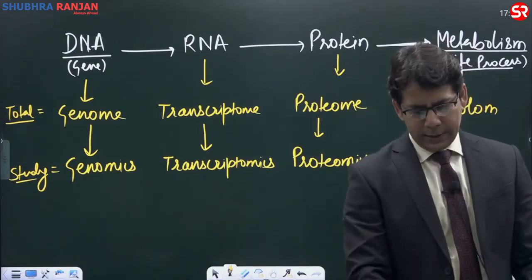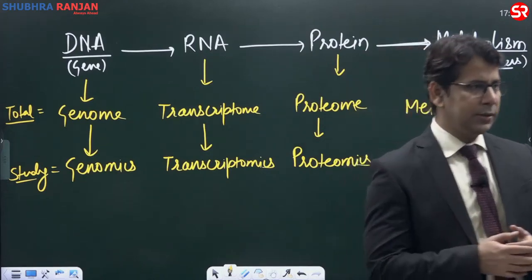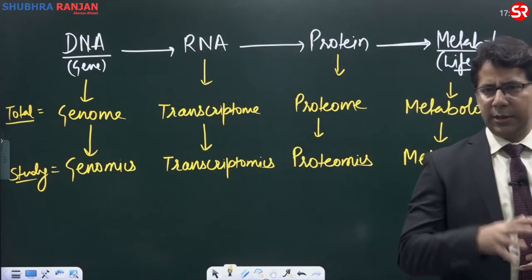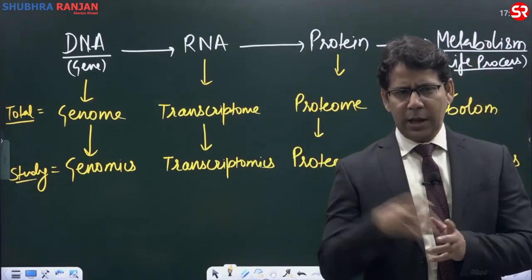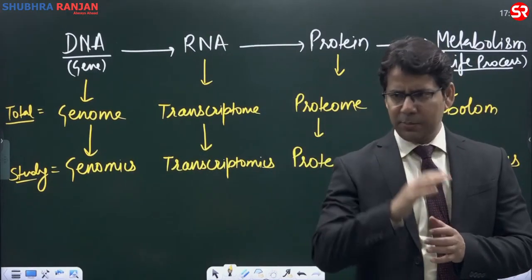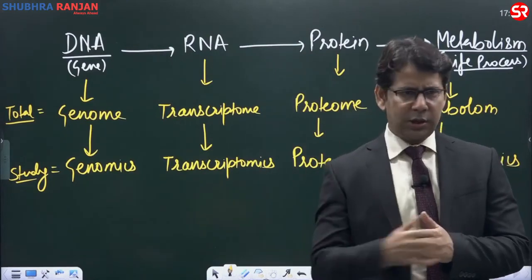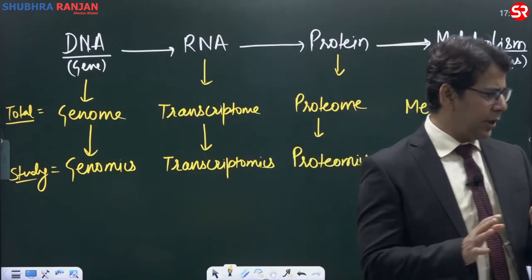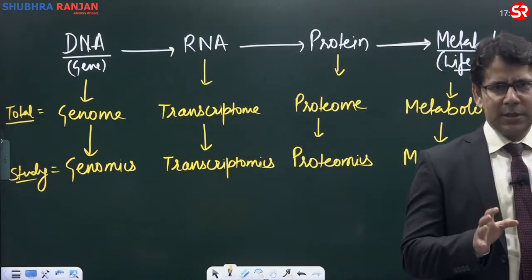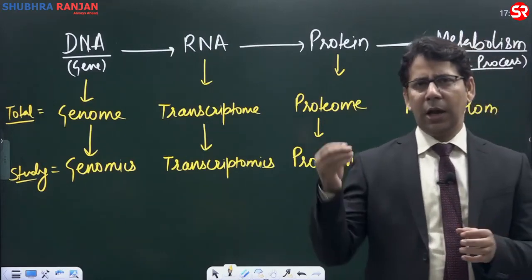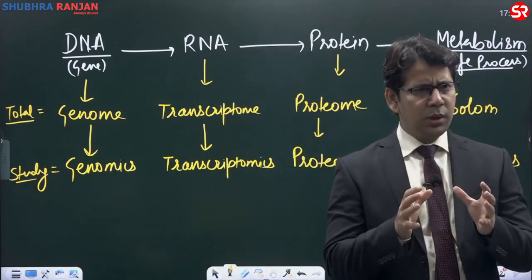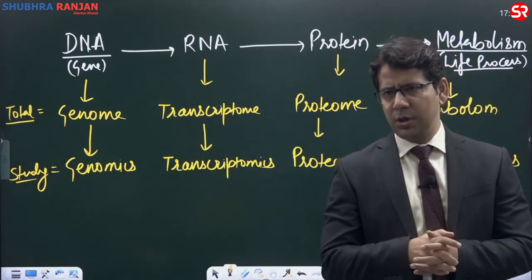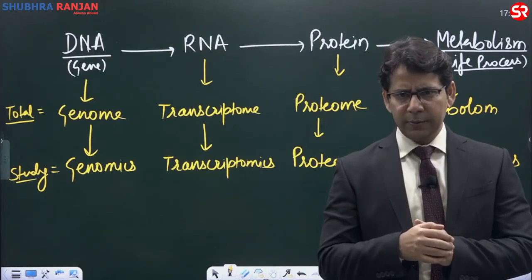So let's say if I want to study my genetics or your genetics, genetics means the kind of genes you have, the kind of information you got from your father and mother, then what do I need to study? Genomics. यही करना है ना? What I am saying is, in the last class we talked about how this information is written onto the DNA. And I just want to read all that information written on your DNA.